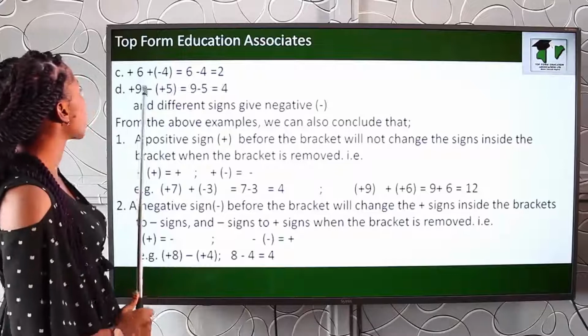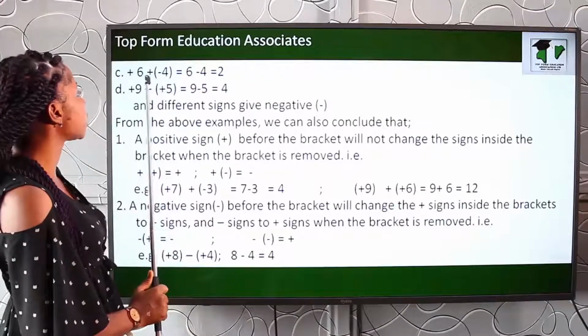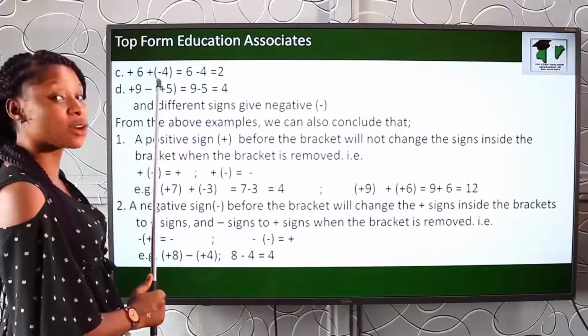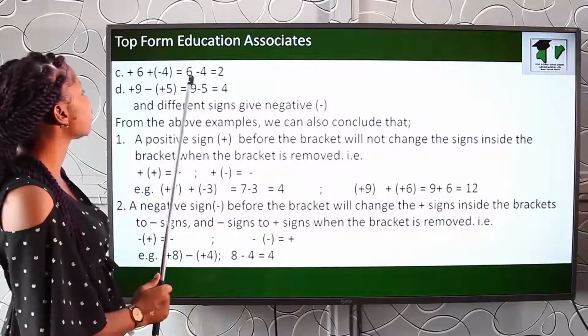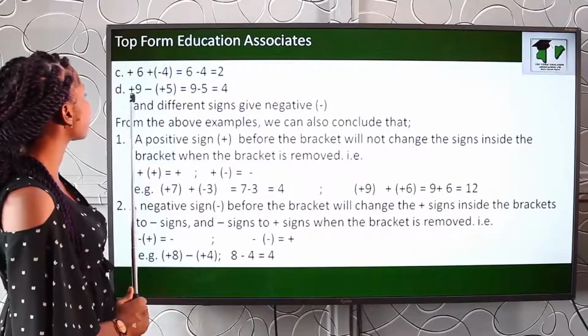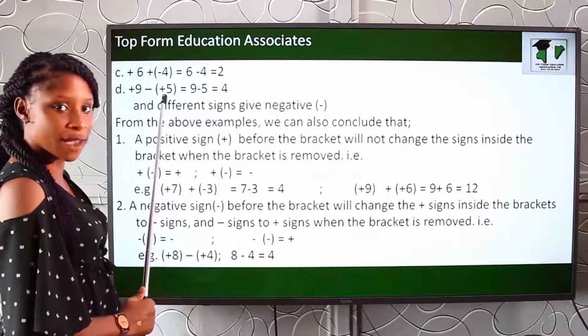Now, example, we have plus 6 plus minus 4. We said that plus and minus will give us minus. So we have 6 minus 4 to give us 2. So the second example here is plus 9 minus plus 5.